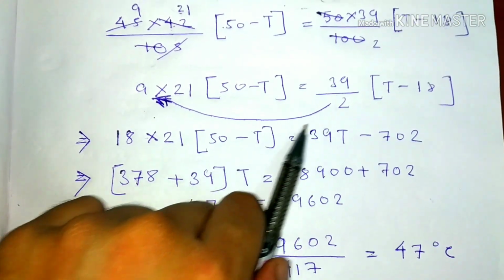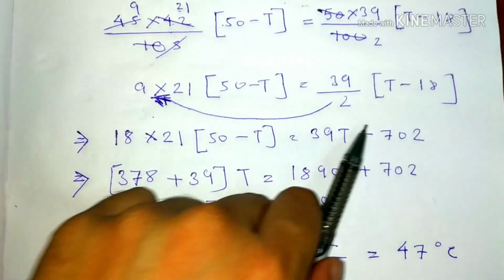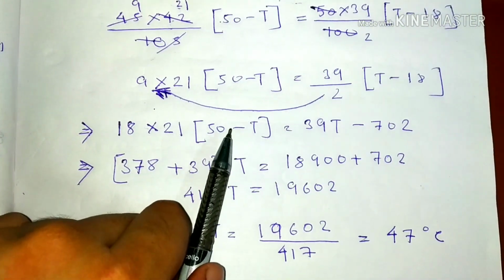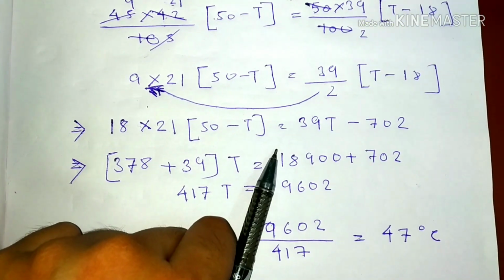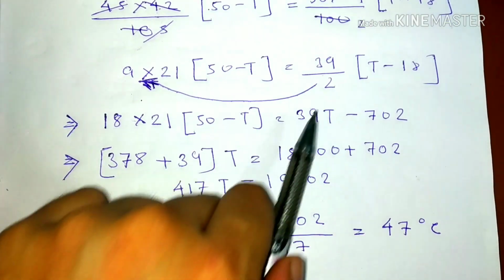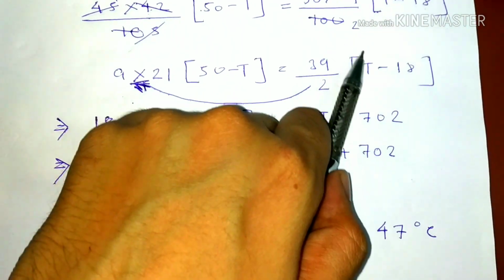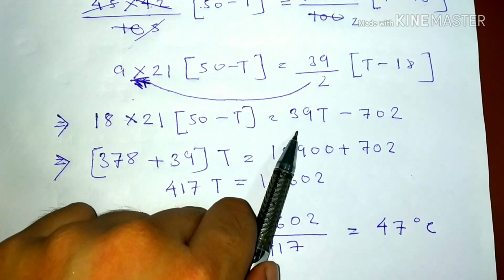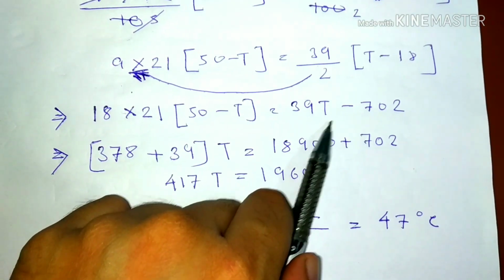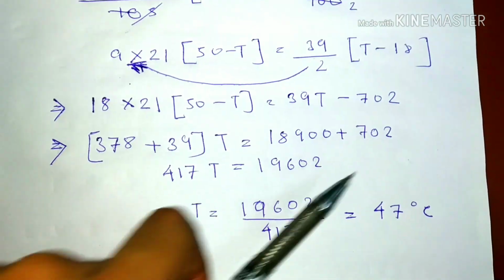Next we did the cross multiplication: 9 into 2, that is 18, into 21, bracket 50 minus T, equals 39 into T minus 702, since 39 multiplies T and 39 multiplies 18.